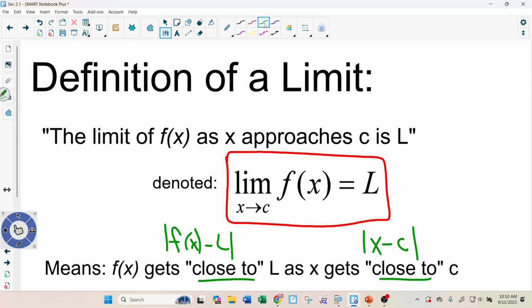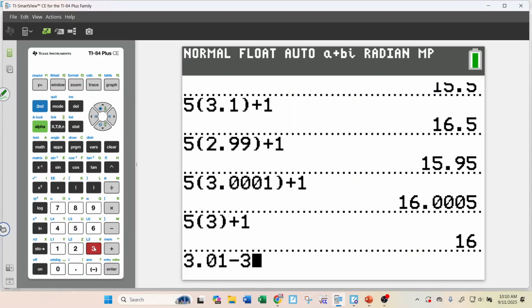Follow me from yesterday? Now, we want this to be close, which means we want these distances to be less than something. If I said I want x minus c to be less than 0.1, that would mean I would have a number like 3.01. Because if I subtract that from 3, I get less than 0.1, right?